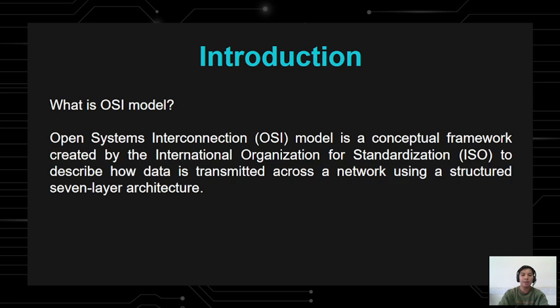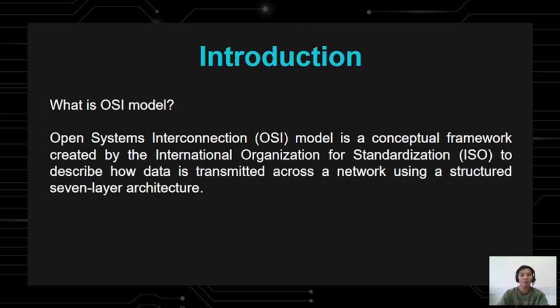The OSI model is a conceptual framework developed by the International Organization for Standardization, or ISO. It is used to describe how data is transmitted from one device to another over a network.